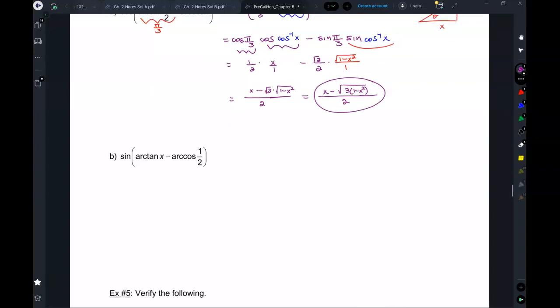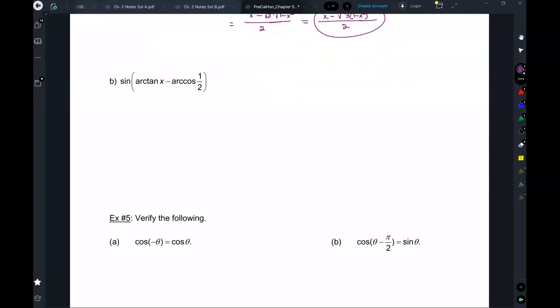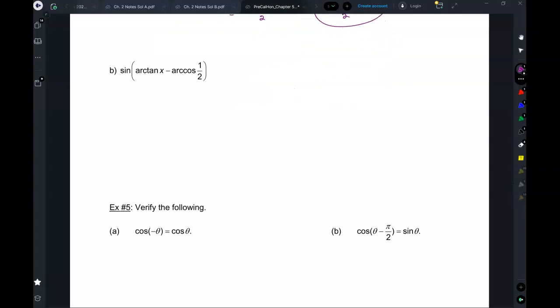Okay. Now, similar problem here. I have sine of a minus b. Arc tan of x, I can't do much about, but arc cosine of 1/2 is how much? Pi over 3. But I can write this as like inverse tangent. Writing this as inverse tangent, it's a choice.